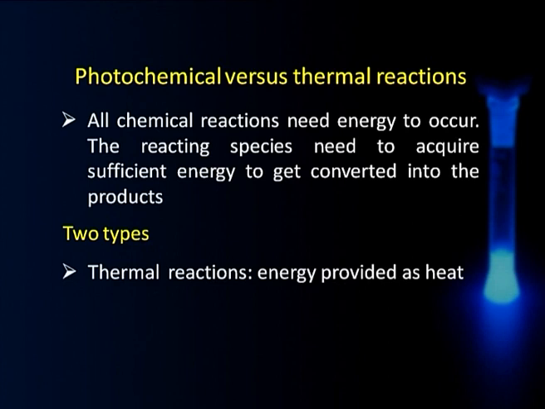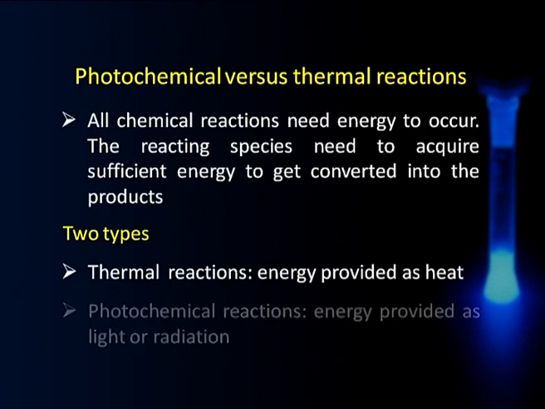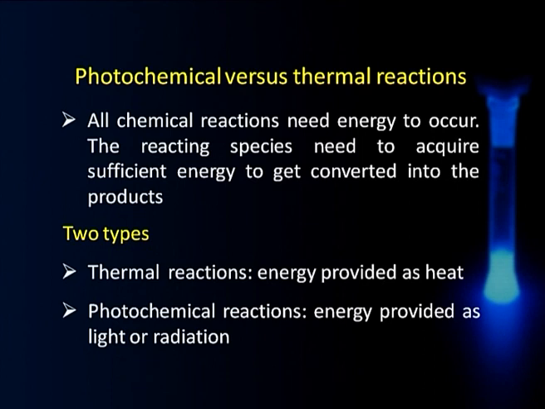One possibility is typically what we have been doing all these times, the thermal reactions. This energy requirement is met by providing some kind of heat. The second possibility, what happens in case of photochemical reactions, is that energy is provided as light or radiation, by which the reactants acquire energy and then go on to the products. So, that is a defining part of photochemical reactions and thermal reactions.